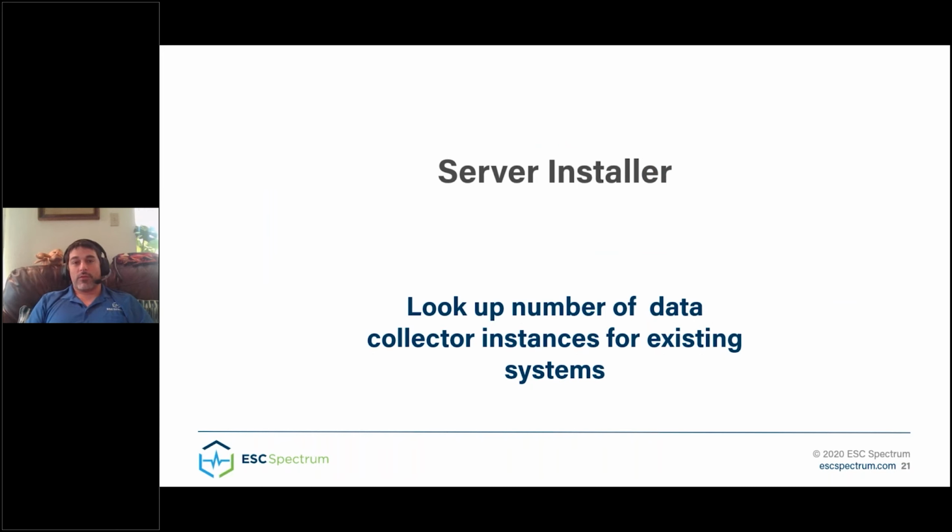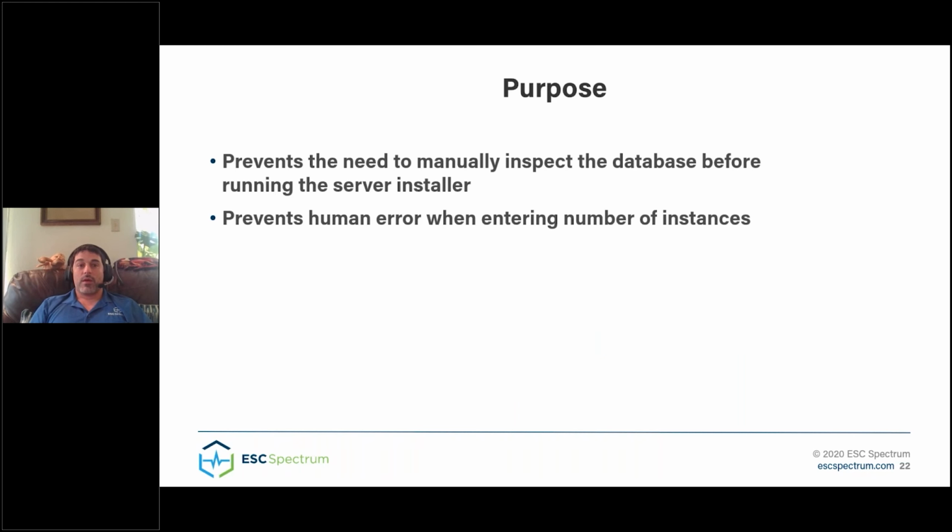Server installer: look up the number of data collector instances for existing systems. The point behind this is that if you're doing a fresh install, you don't have Prism server installed at all, you run the installer, you have to tell it how many data collectors you want.